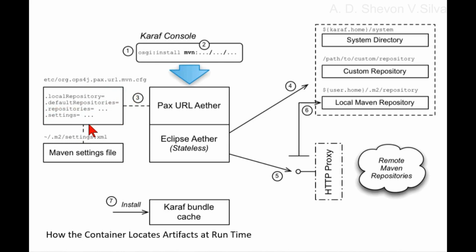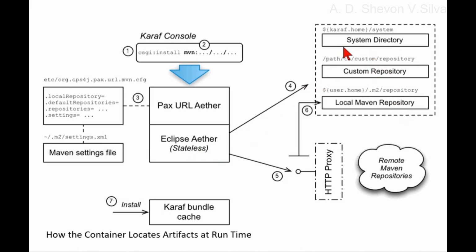And this cfg interacts with the user home .m2 settings.xml Maven settings file. The Eclipse Ether stateless interacts with the system directory, custom repository, and local Maven repository.